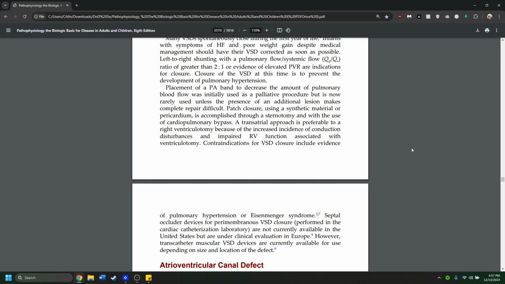Contraindications for VSD closure include evidence of pulmonary hypertension or Eisenmenger syndrome. Septal occluder devices for perimembranous VSD closure performed in the cardiac catheterization lab are not currently available in the US, but are under clinical evaluation in Europe. However, transcatheter muscular VSD devices are currently available for use depending on size and location of the defect.